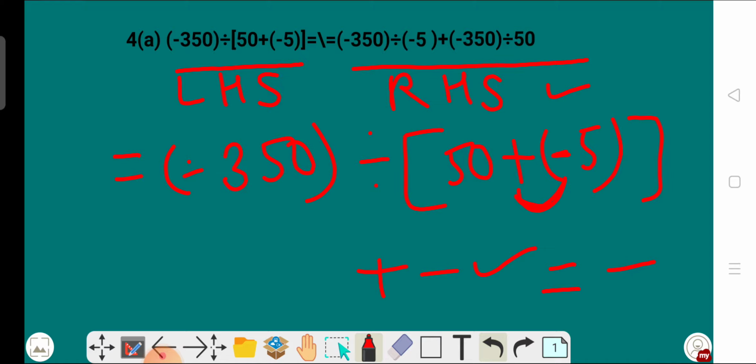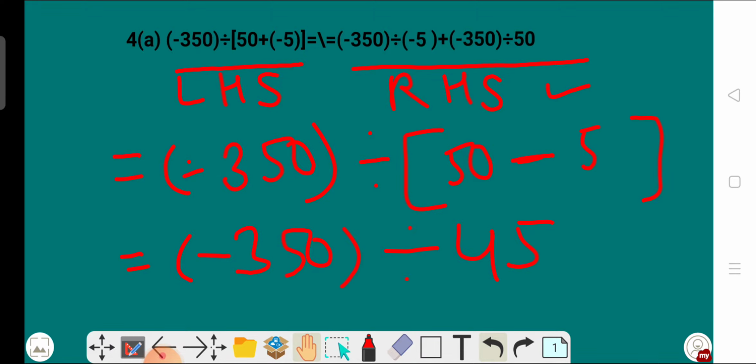So by replacing these two signs with a single sign, minus, this is equal to minus 350 divided by 45.